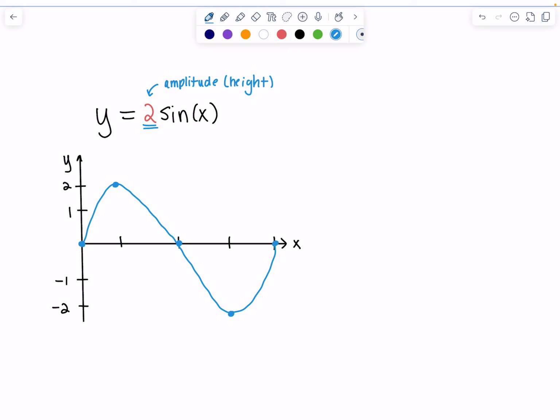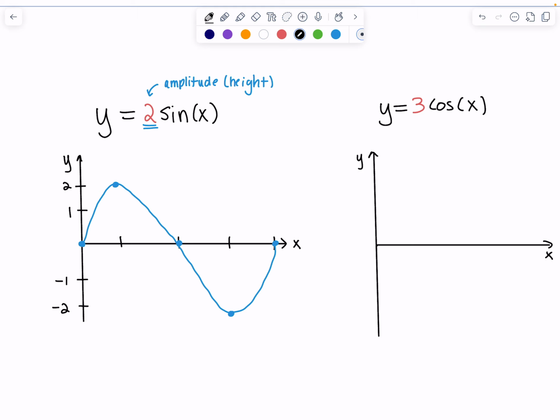So now I want you to try, if I gave you y equals 3 cosine x, try to make this one fit next to it. All right, so just take a moment. Draw yourself an x and y axis. Give yourself those 4 tick marks for the critical points. See what you think.